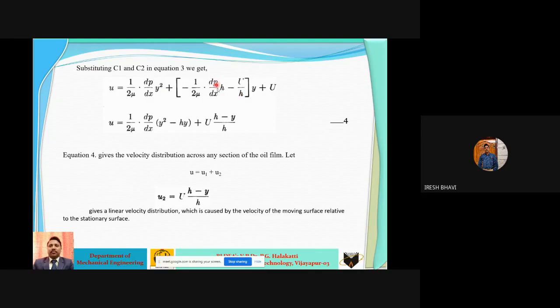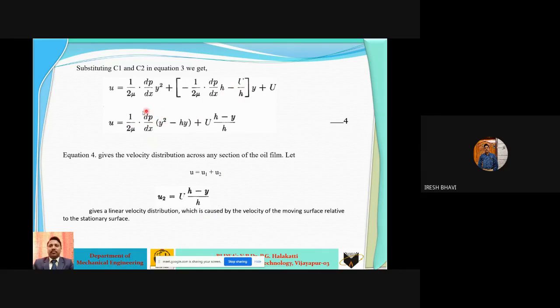Then in these two terms, U is common. Take U as common, you will get 1 minus y by h. After taking LCM, it will become h minus y by h. You will get this equation.